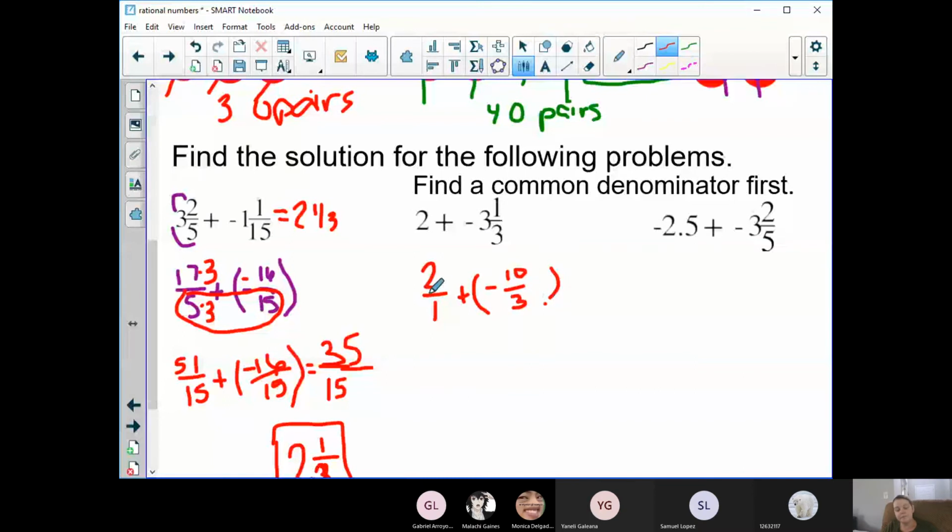All right, so looking at my denominators, what is going to be the common denominator I need to use? All right. So we know this is going to stay the same.